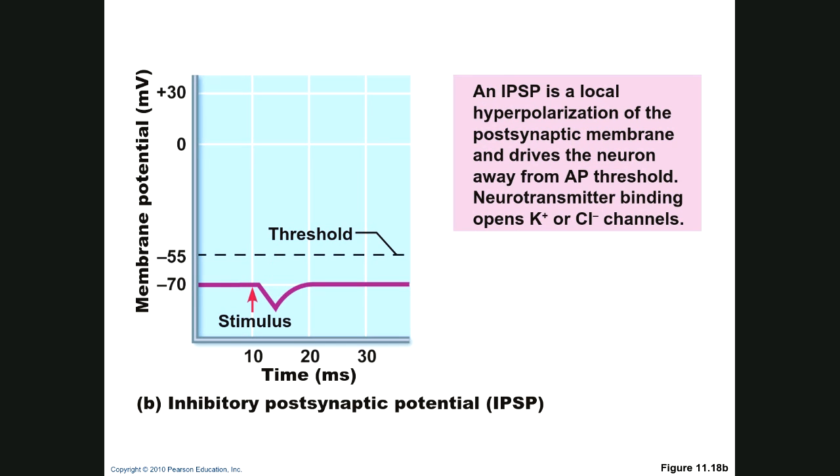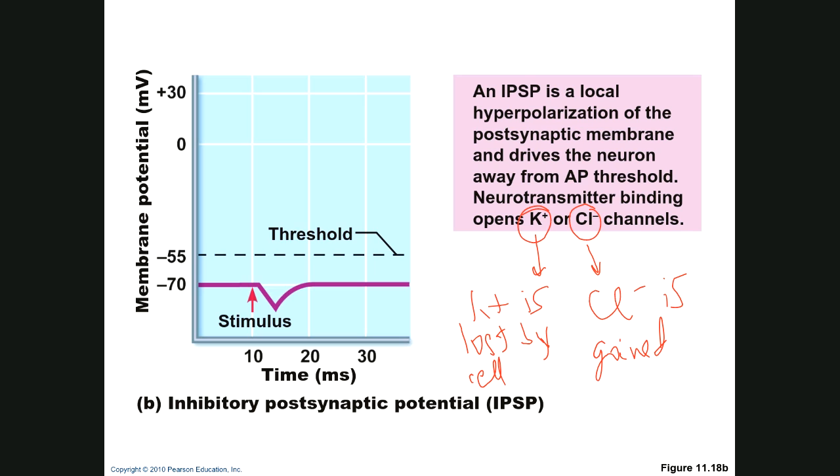So if the receptor for the neurotransmitter is a potassium gate, potassium is lost by the cell, meaning positive charges are lost by the cell. If the receptor is a chlorine channel, chlorine is gained by the cell, meaning the cell will gain negative charges.